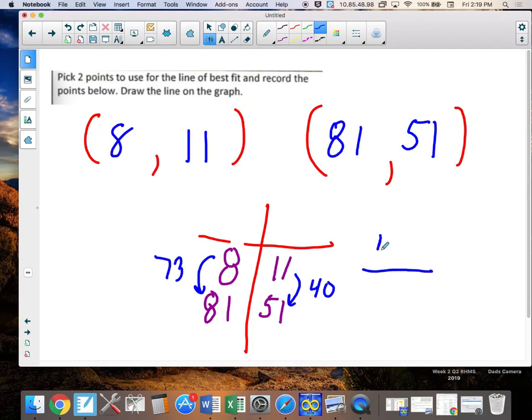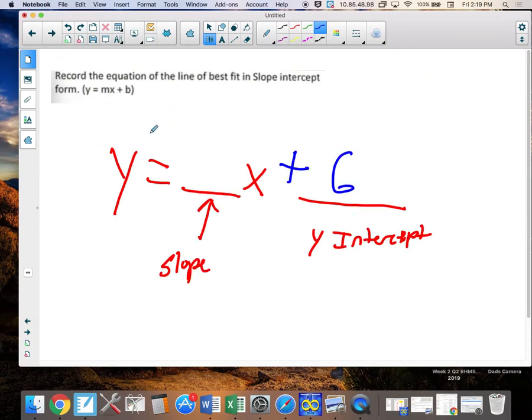Rate of change is a fraction of rise over run, or y over x. So our slope is 40 over 73. We cannot simplify that, so we're going to leave our equation right here.